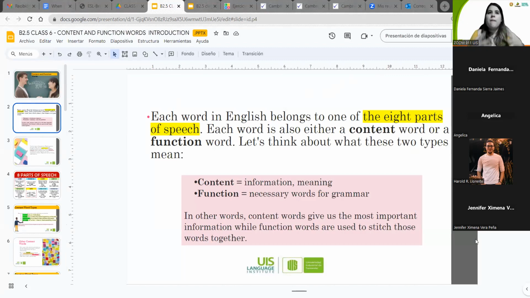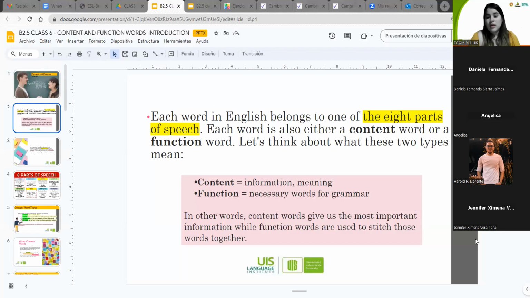I don't know if you guys remember that some classes ago, I think it was last cycle or the cycle before, that we talked about content words, and then we explained that content words are the words that carry information or meaning. And then function words are those words that do not carry information, but they are necessary words for grammar.